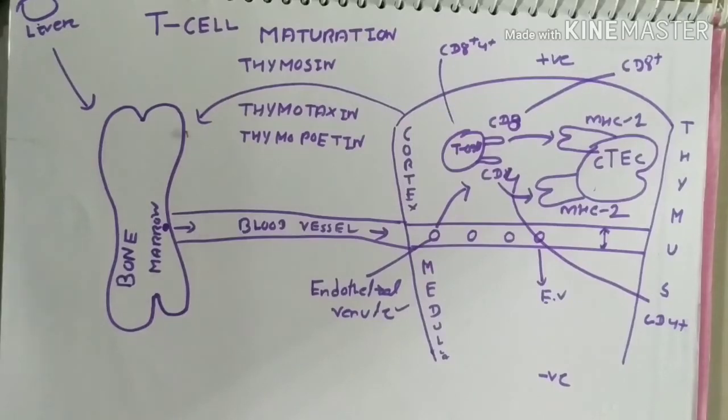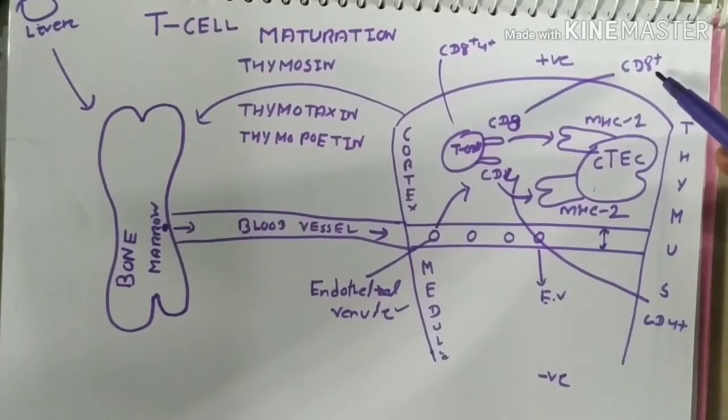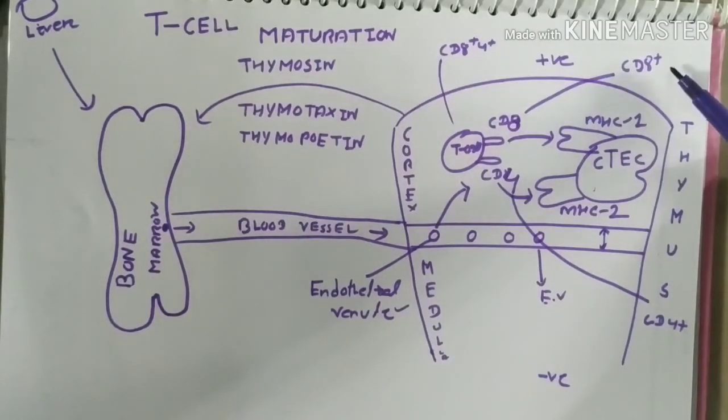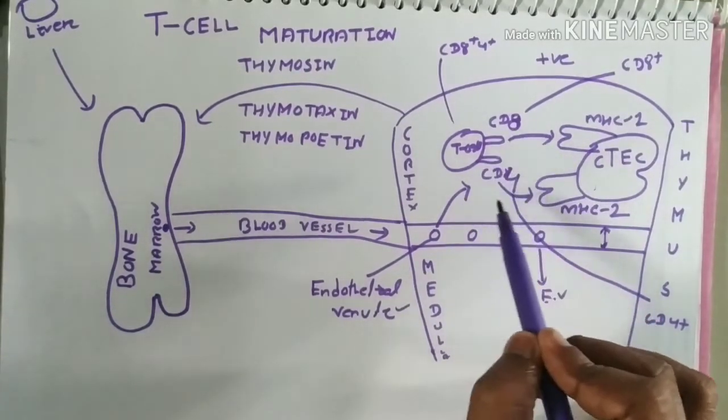The CD8 plus cell forms the cytotoxic T cell in future, whereas the CD4 plus cell forms the T helper cell in future. And this situation is totally dependent on chance.